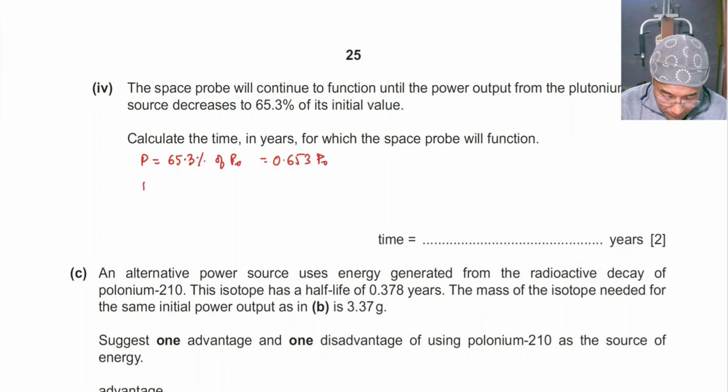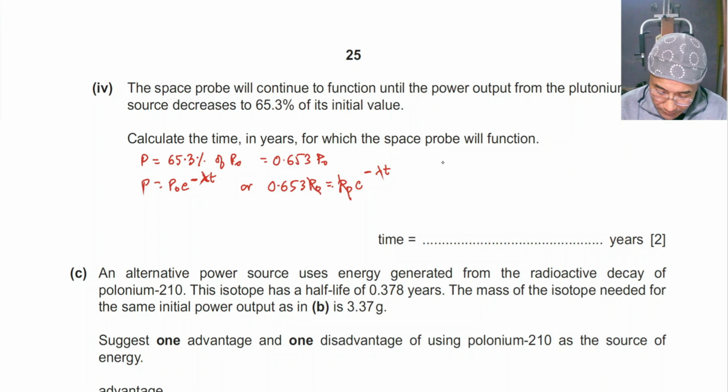Also power is equal to P naught e to the power minus lambda t. So 0.653 P naught equals P naught e to the power minus lambda t. So this P naught and P naught cancel.